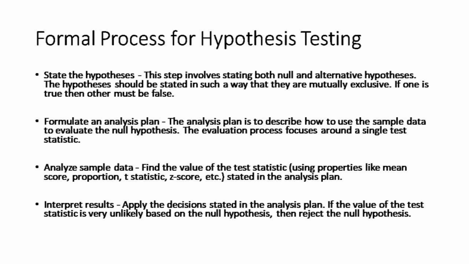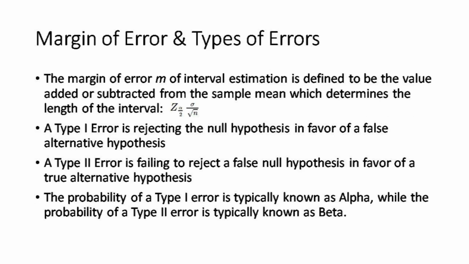So, if the value of the test statistic is very unlikely on the basis of the null hypothesis, like it was in our test of proportion case, then we reject the null hypothesis. Now, when we are analyzing hypothesis testing, we have three important terms which form the focus of our analysis.